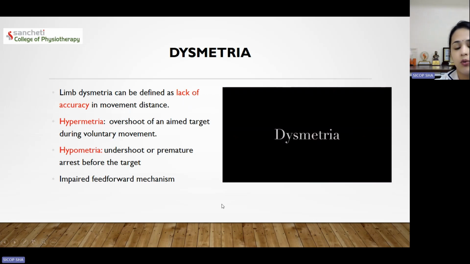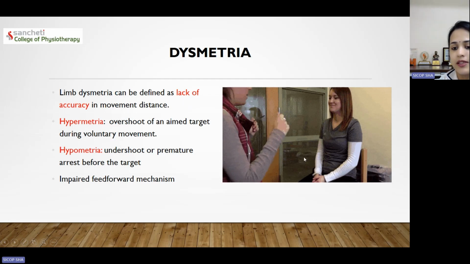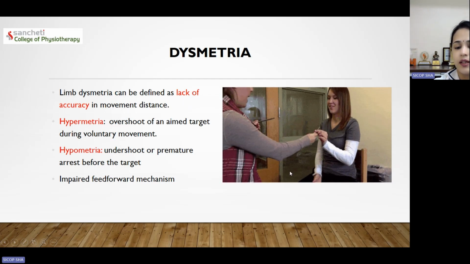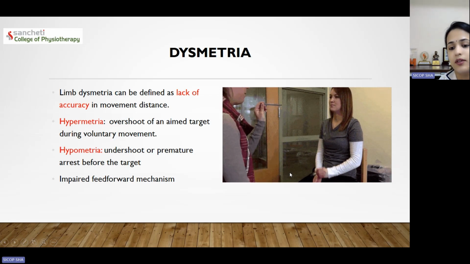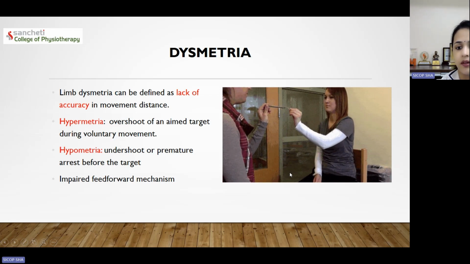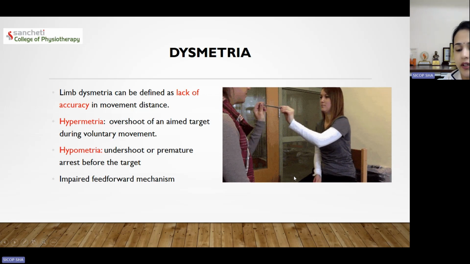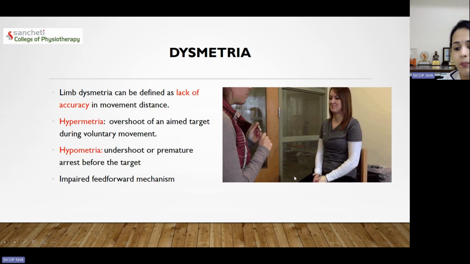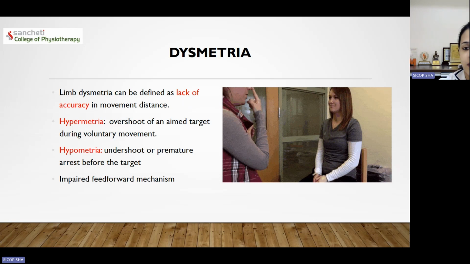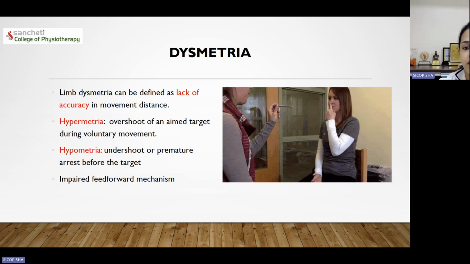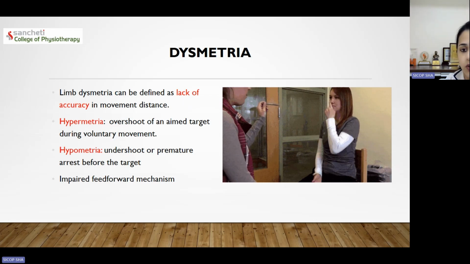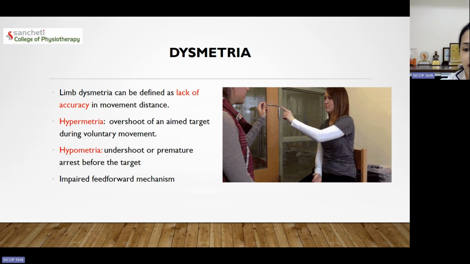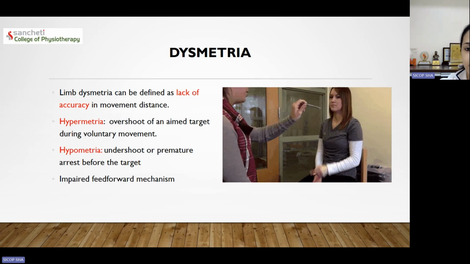On the right side, you can see in the video that the therapist is telling the patient to try to put the cap back on the pen, and the patient is struggling to put the cap back on the pen. Sometimes the patient is stopping before, even while touching the nose, reaching at the side of the nose, not reaching accurately at the tip of the nose.